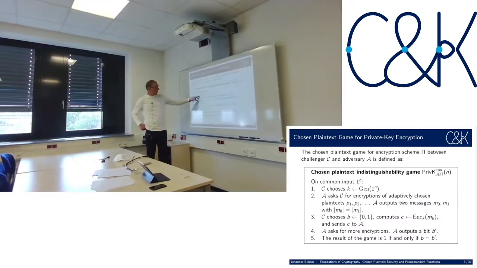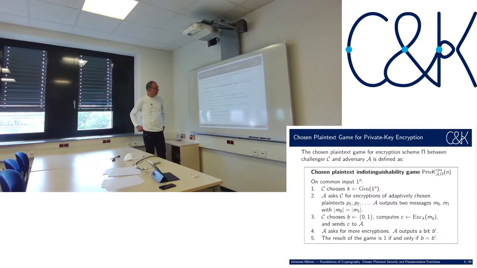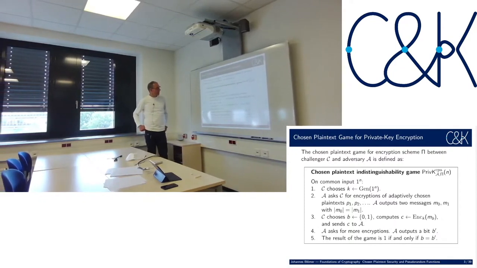That determines again that C chooses the key using the key generation algorithm of the encryption scheme under consideration, picking it usually uniformly at random. Then, and now comes the modification, A asks C for encryption of adaptively chosen plaintexts P1, P2, and so on.